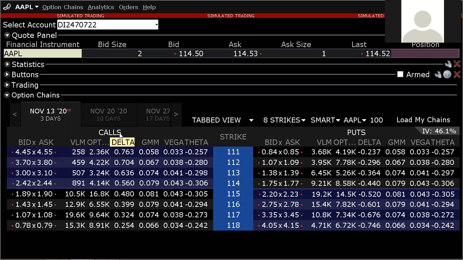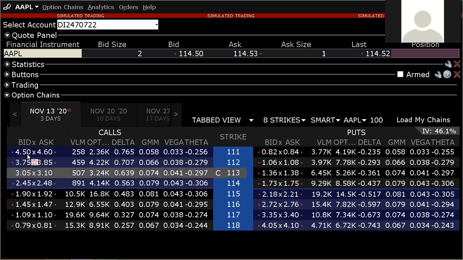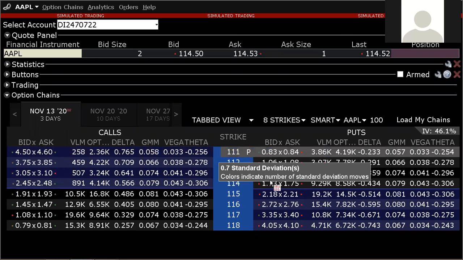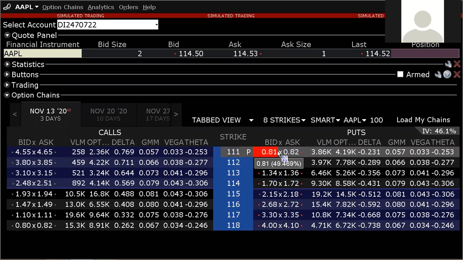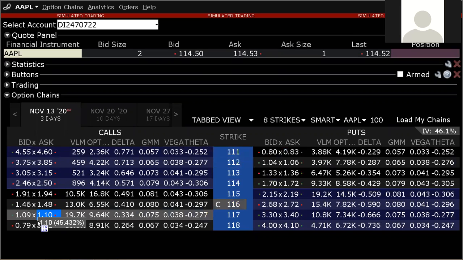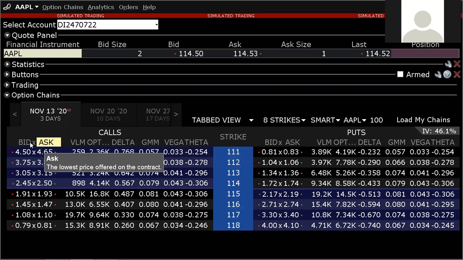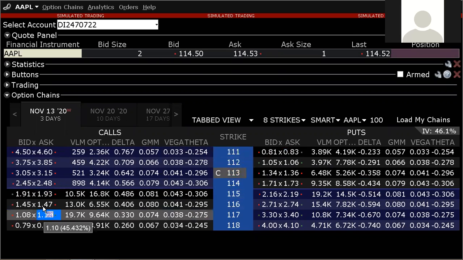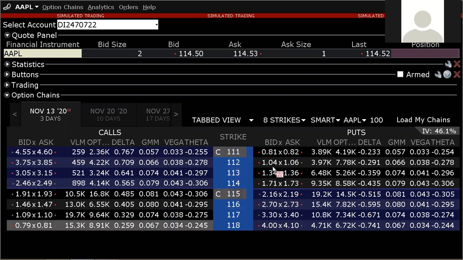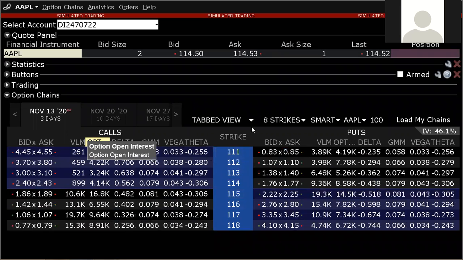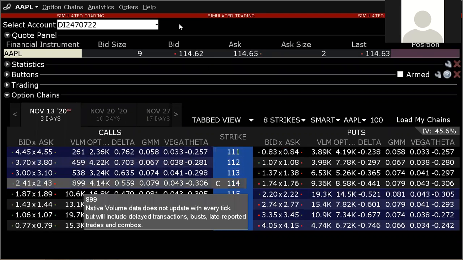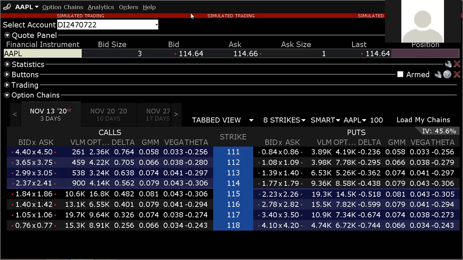You have prices for calls and puts, bid and ask. Under puts, you have bid and ask for puts, and under calls, you have bid and ask for calls. These are the derivative market prices, and this is the underlying market. You see both of them in one view, because this is typically how people trade.